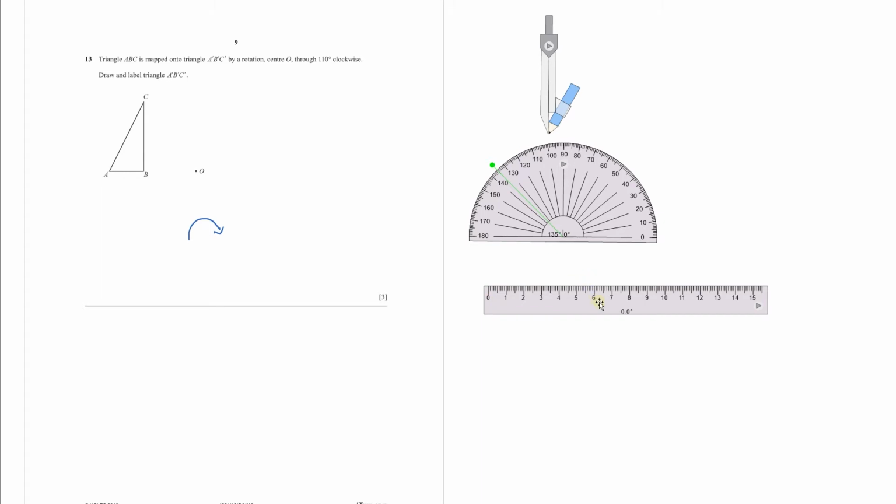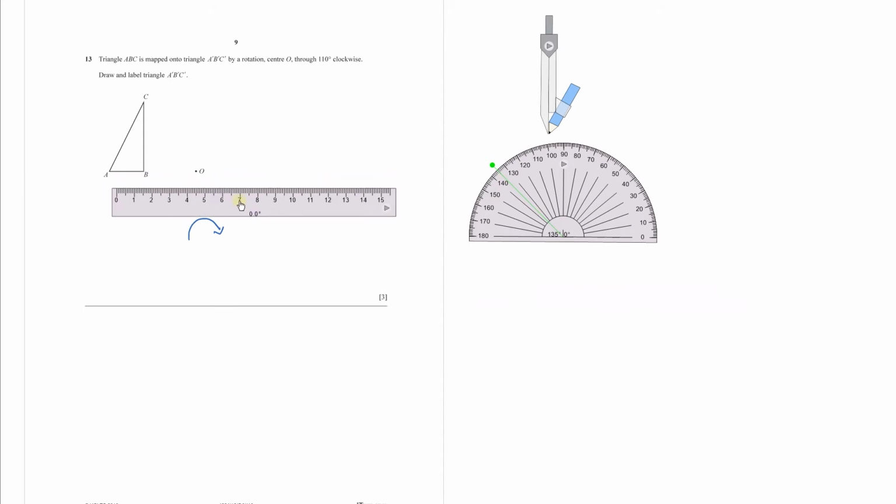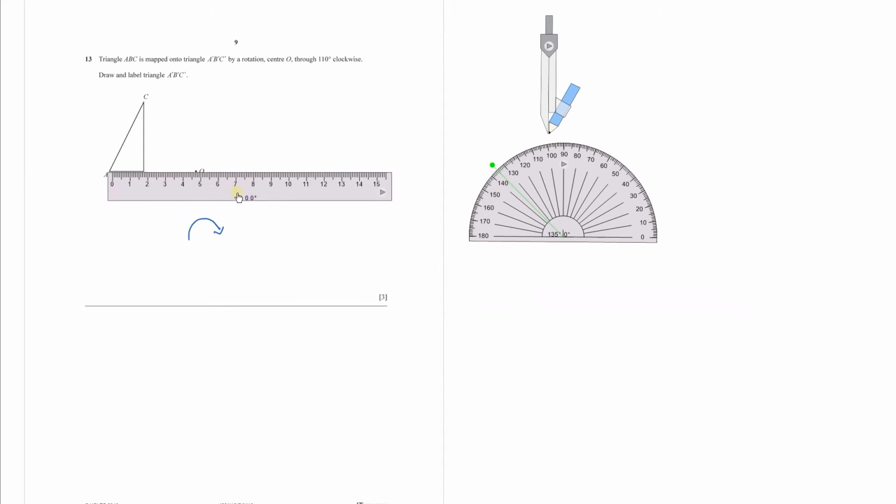So we can use our geometric tools to solve this question. First, we will connect our points to the center of rotation so that we can compute the rotation and the distance of the new points, A prime, B prime, and C prime. So let's first connect this through this dotted line here.